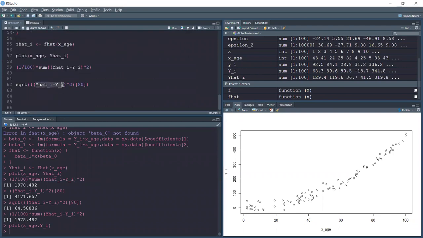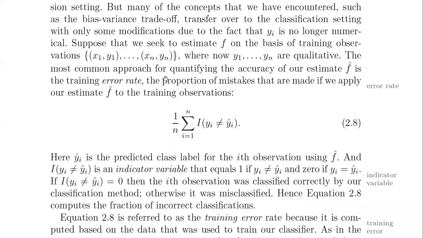What we've done for quantitative data, where we're looking at differences as subtraction, and then we square, etc., to get the mean square error, we can no longer do that. The most common approach for quantifying the accuracy of our estimate F hat is the training error rate. So we're no longer going to discuss the mean square error for classification models. Now we have the error rate.